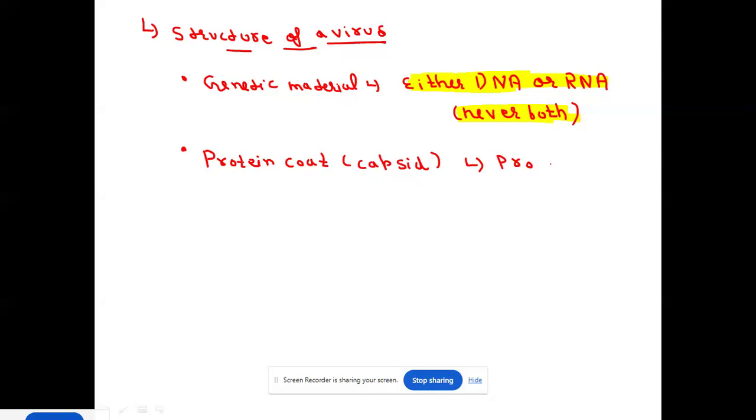So it surrounds the genetic material and also protects it. So giving protection to the genetic material is its work.